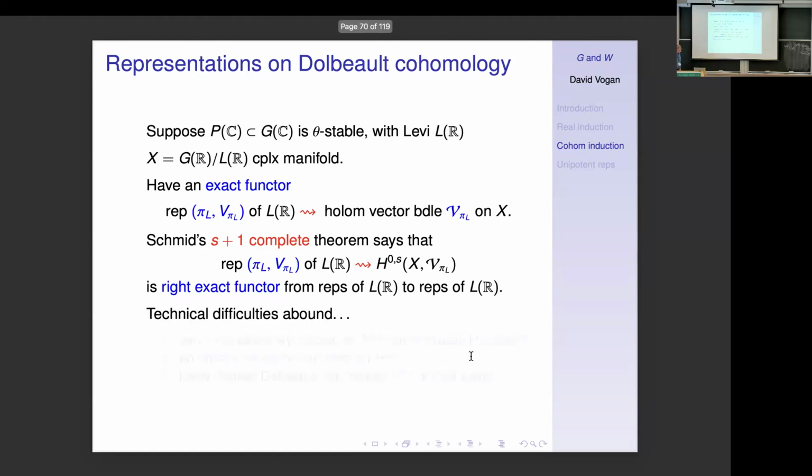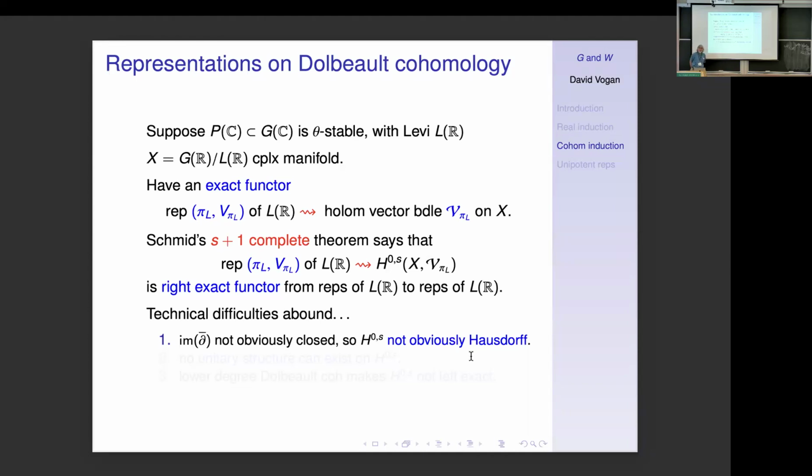But there's all kinds of problems. This Dolbeault cohomology can be defined as the kernel of some d-bar operator modulo an image of a d-bar operator. Well, the kernel of the d-bar operator has some nice Fréchet topology on it, no problem.